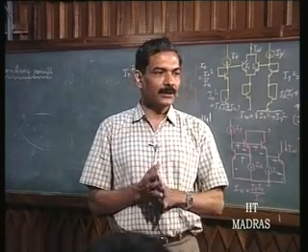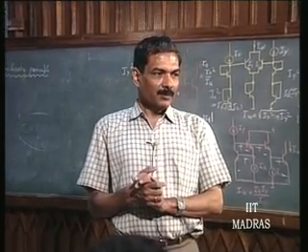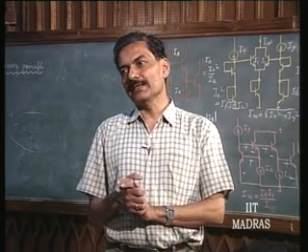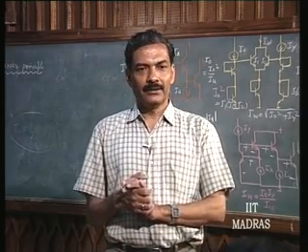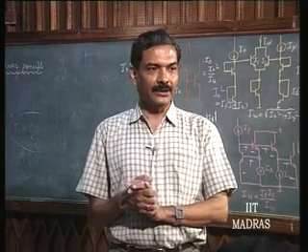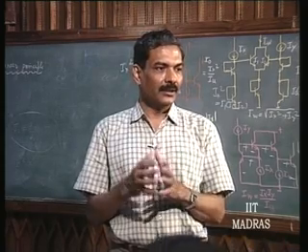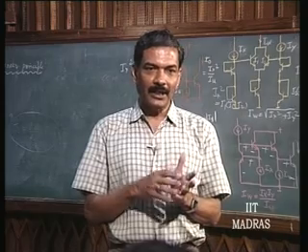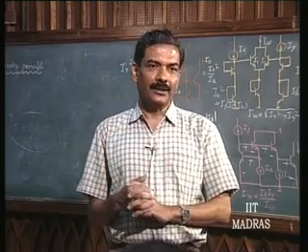We will see this property as well as the property of the differential amplifier in converting the input voltage into a functional relationship between the input voltage and output current in the next class.